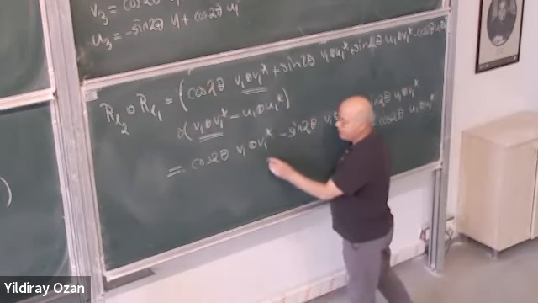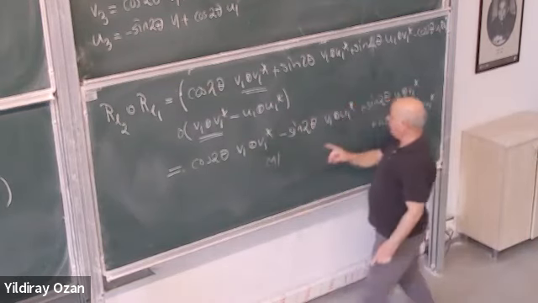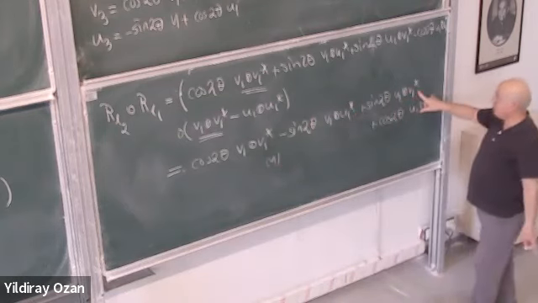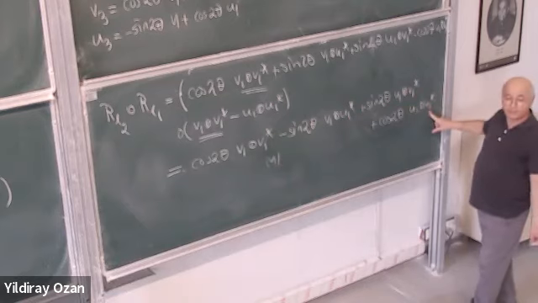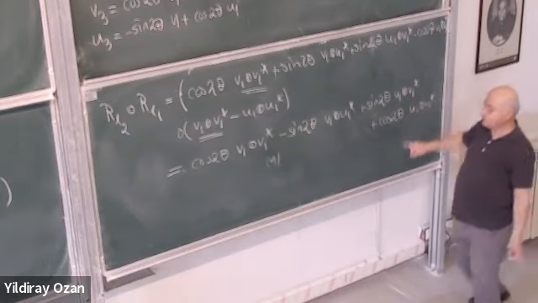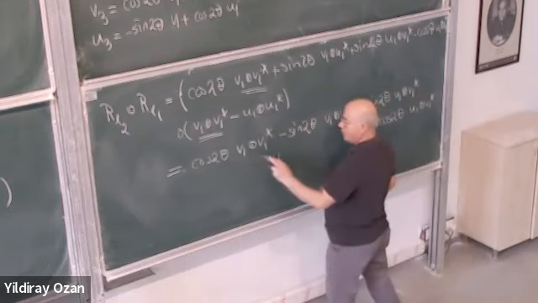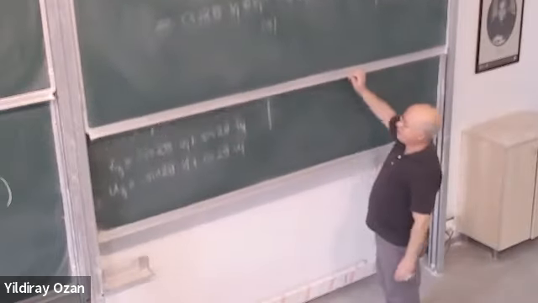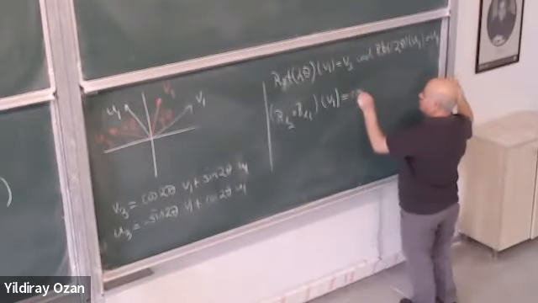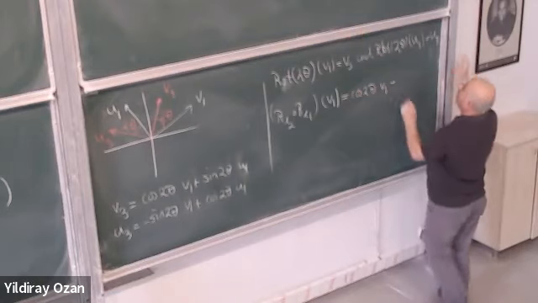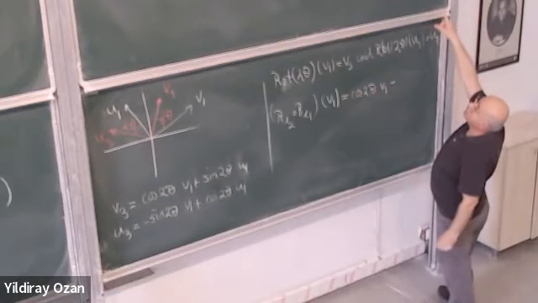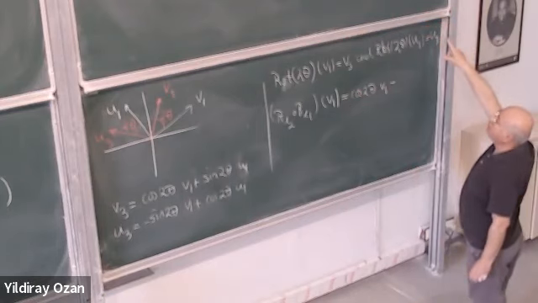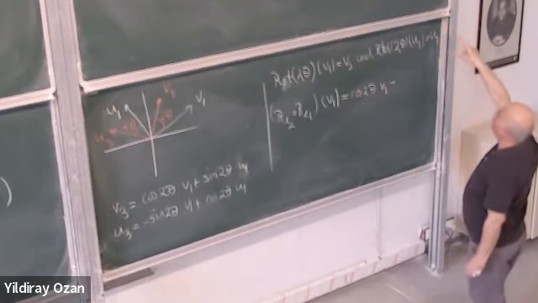When I feed V1 to this one, I get 1, to this 0, to this 1, to this 0. So I get cosine 2 theta V1. From here, when I feed V1, I get sine 2 theta U1.